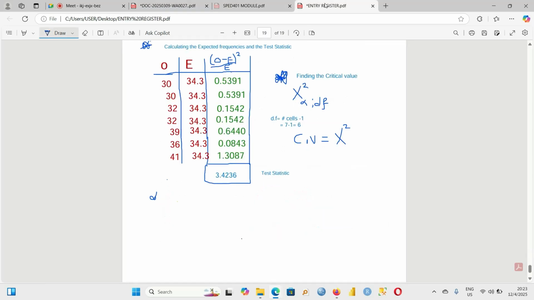So here we have 0.01, and the degrees of freedom is 6.